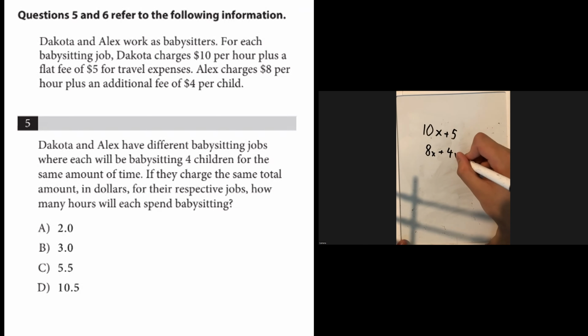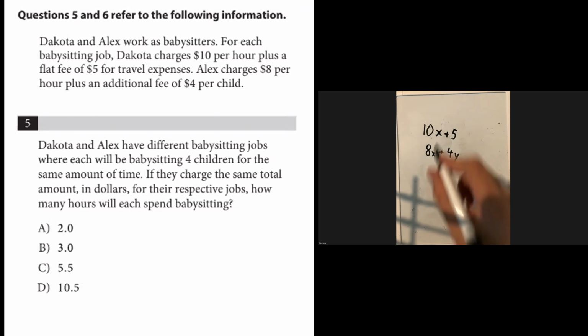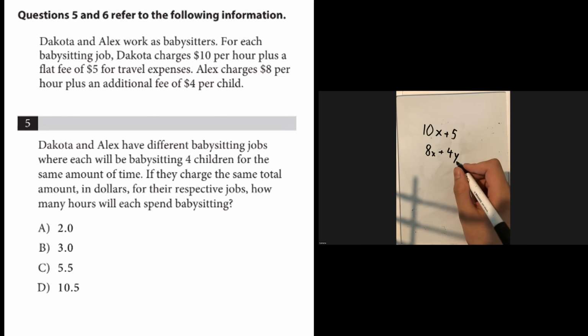So 4 times y, and y is the number of children. And so it says they have 2 different jobs and they will be babysitting 4 children for the same amount of time. If they charge the same total amount, how many hours will they spend babysitting? So we're told that these two have to be equal, and we're told that they're babysitting 4 children. So y would be 4 here.